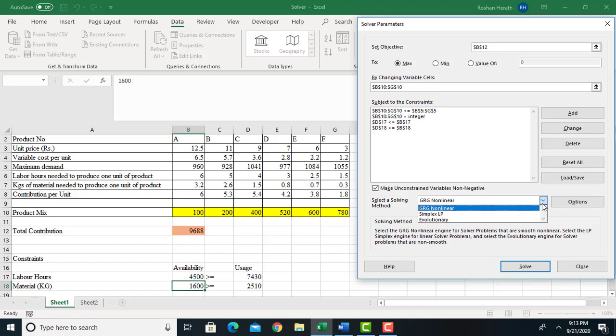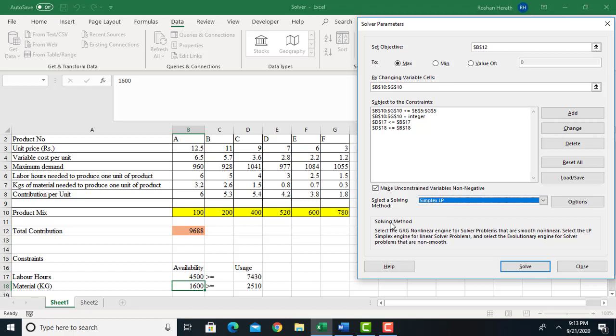So therefore it is recommended in almost all cases to select this solving method as Simplex LP. It assumes a linear relationship.